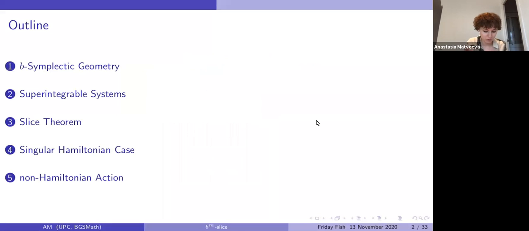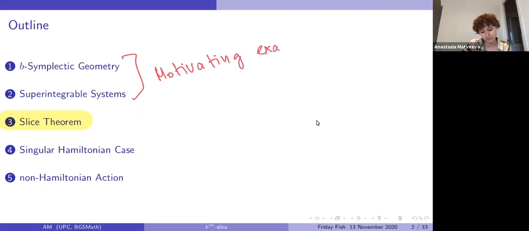So first, let me outline the content of the talk. The main character here will be the slice theorem, but I will start with some motivating examples. First I'll talk about B-symplectic and BM-symplectic geometry to introduce where the singularities come from.